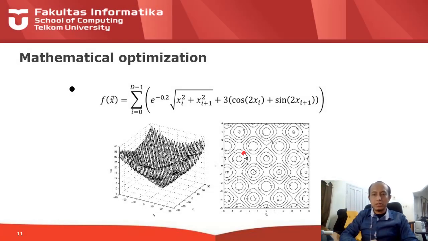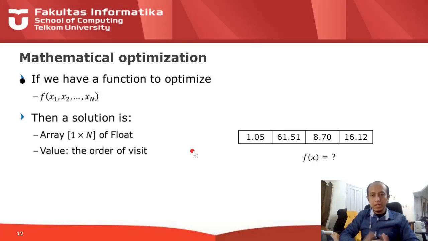Another problem that we can solve with genetic algorithm is mathematical optimization. So given a function of x, where x is a vector, we want to find this x, which gives the lowest function result. So let's see how we model the solution in genetic algorithm. Let's review that our function input is x, a vector, which means it consists of x1 to xn.